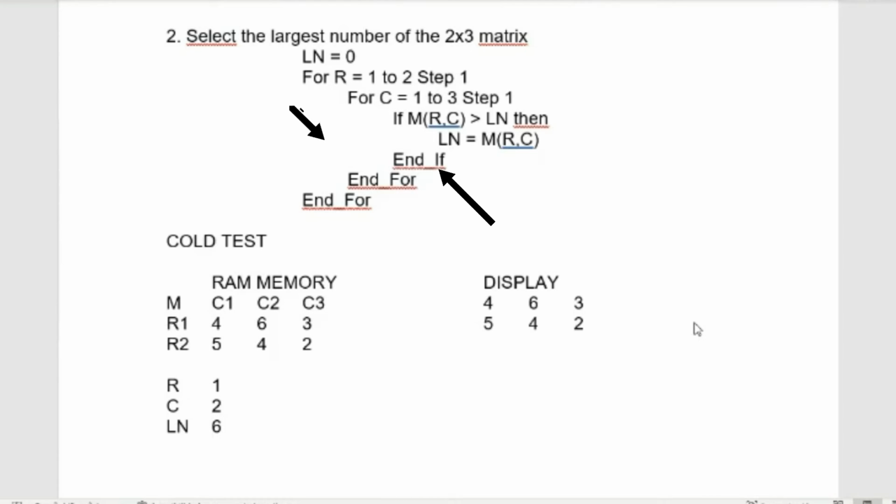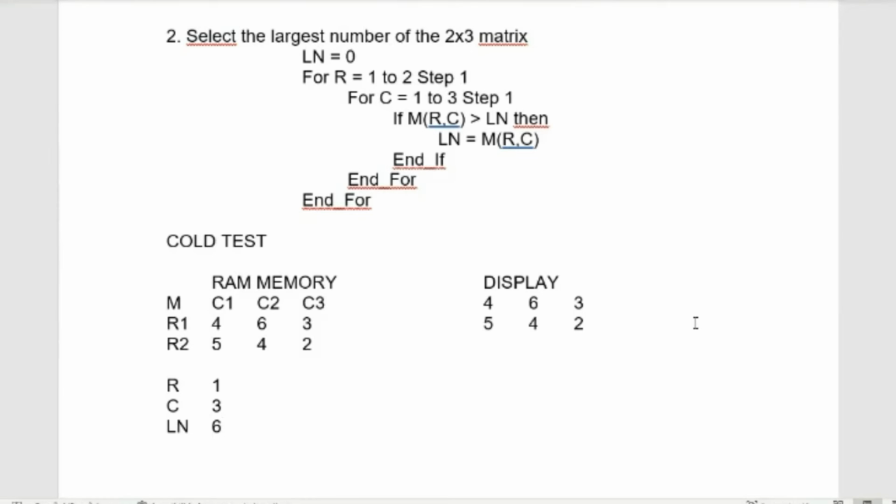And if not, that means column plus 1 is 3. Now let's see. If matrix row R, column C, that means row 1, column 3 is greater than Ln, 3 is greater than 6. That is not true.